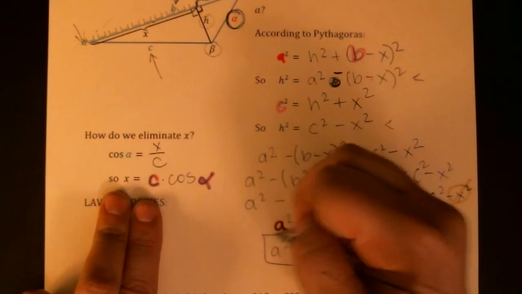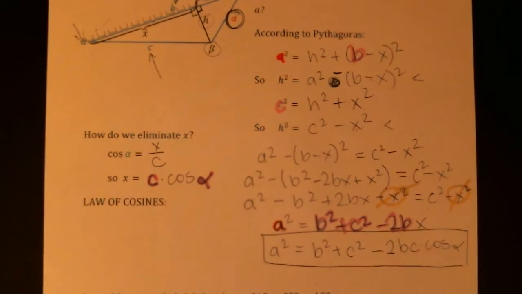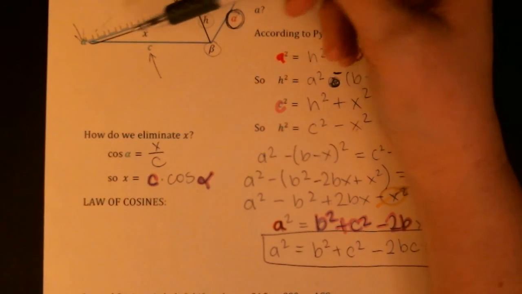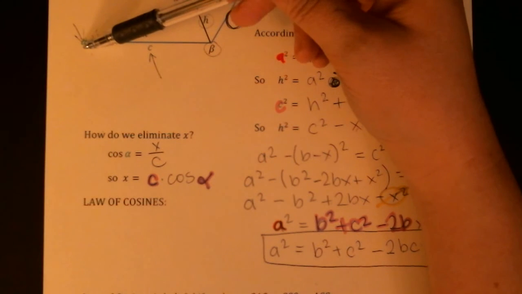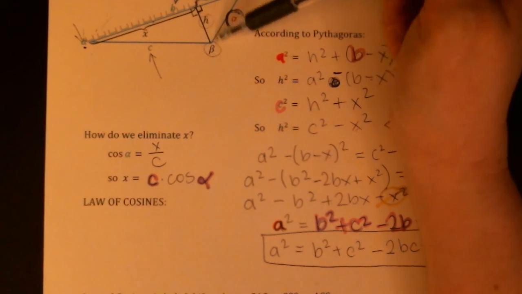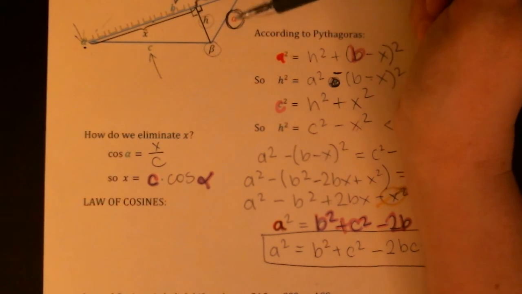So this is one version of the law of cosines, and the other versions are really the same thing, just with the idea in mind that you don't have to label sides A, B, C in a specific way. I decided to make alpha the bottom corner, but what if I wanted alpha to be the bottom right hand corner or the top corner?